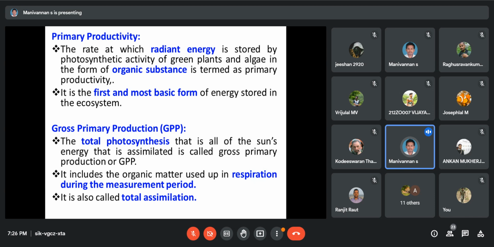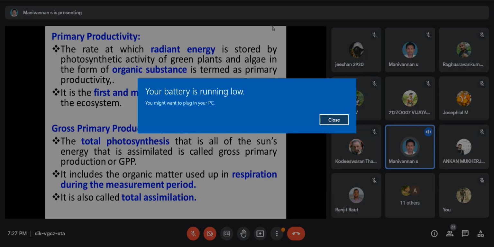The primary productivity is of two types: gross primary productivity and net primary productivity. What is gross primary productivity? Simply called the GPP. GPP means gross primary production. Simply explained, it is the total photosynthetic activity, the total photosynthesis ability of the plant.